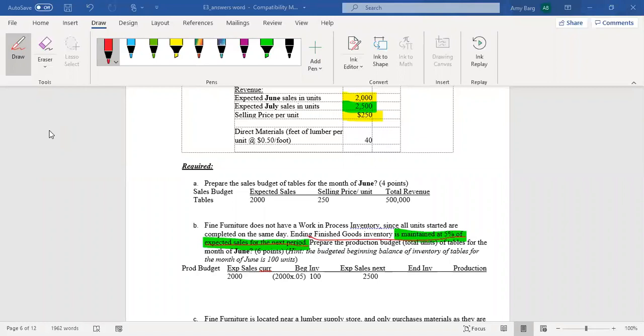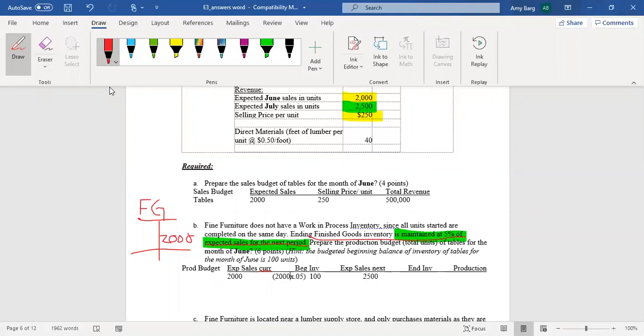So there's no WIP, right? But there is a finished goods inventory, right? So they are expecting to sell 2,000 tables in June.